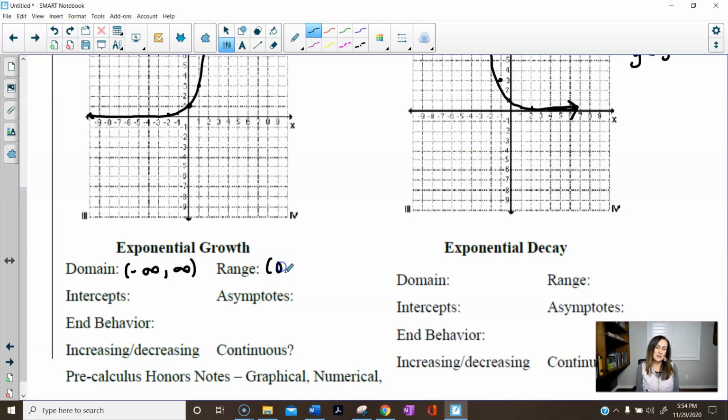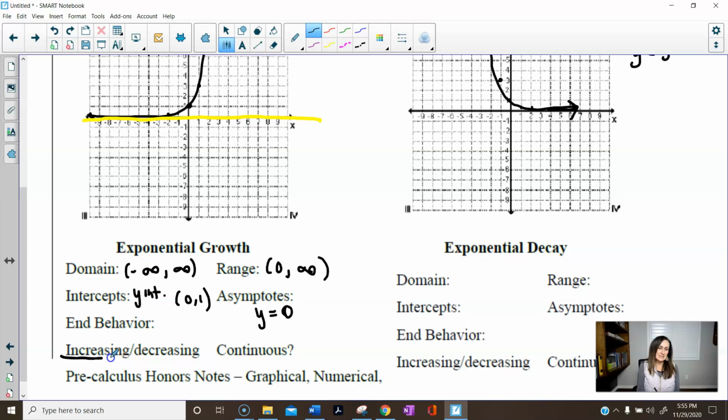The range is going to go from 0 up to infinity. The intercept is the y-intercept, and we have a y-intercept at (0, 1). The asymptote is going to be this line right here. So here's your asymptote, and that line is going to be at y equals 0.